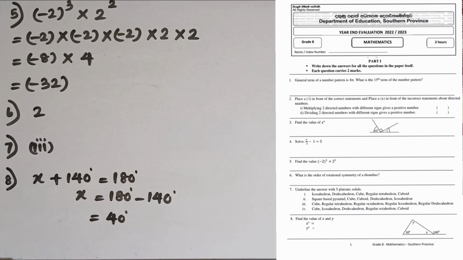We can find y by using the sum of interior angles of a triangle. So we can write y plus x, which is 40, plus the other angle, 50. The addition is 90. Sum is equal to 180. Then y equals 180 minus 90, that is also 90.